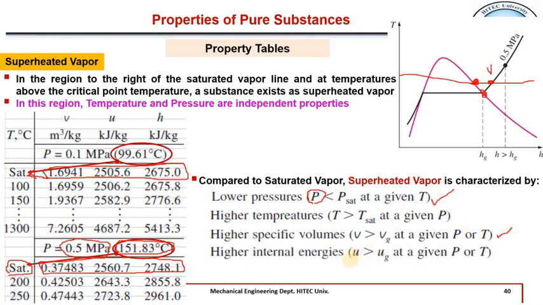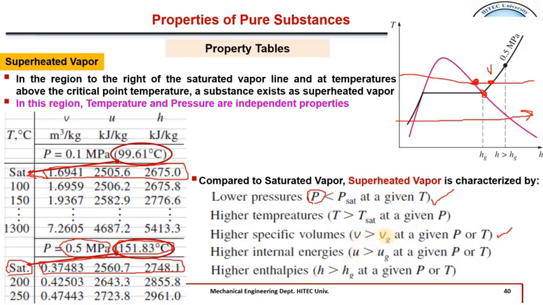Similarly, the same you can say about internal energy. Internal energy U is always greater than Ug, and similarly H is greater than Hg, because as we move from the liquid towards the gaseous region, V, U and H are all increasing.